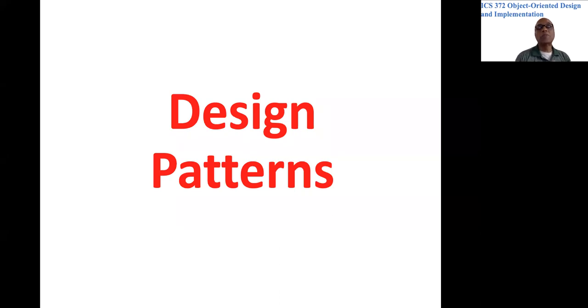So I think it was 23. There were 23 design patterns identified in a book called Design Patterns, written by 4 people, Gamma and 3 others. They are called the Gang of 4. It's a fantastic book. You might want to read it sometime.